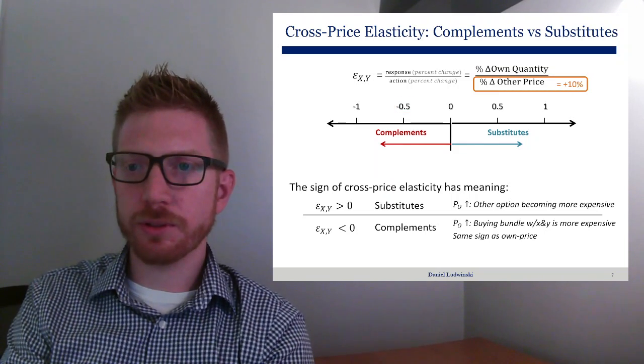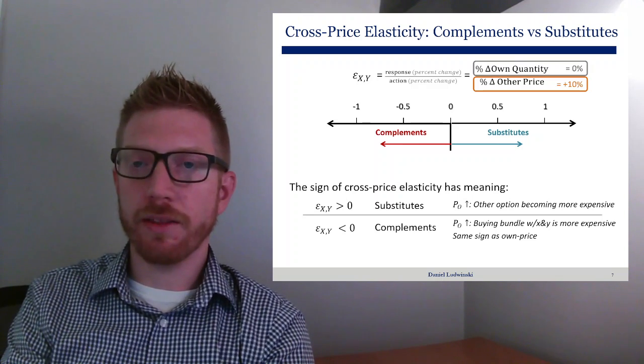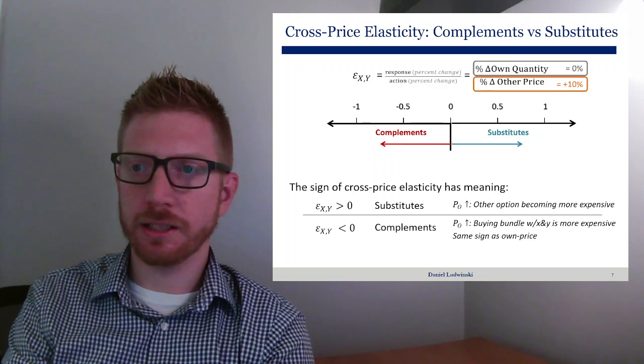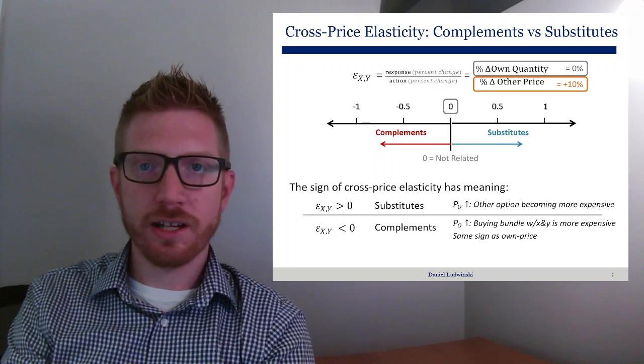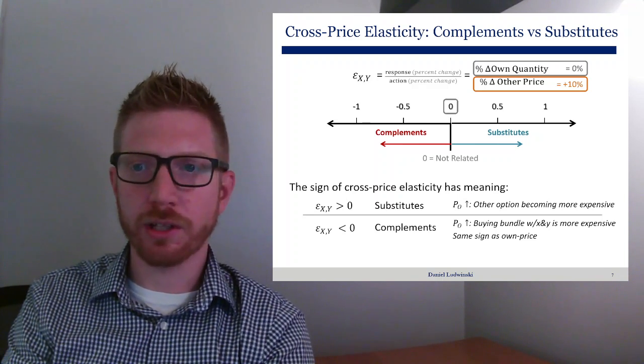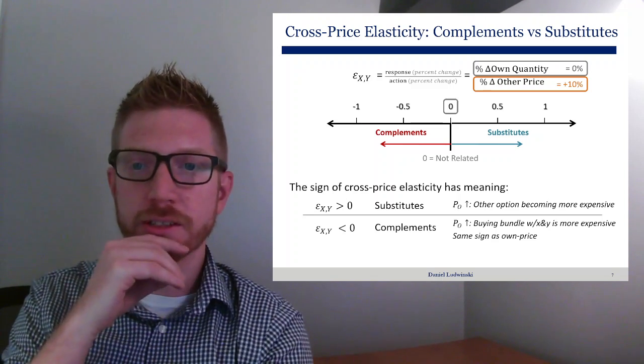Also, it's possible that you could change the price of another good, and there's no impact. There's a 0% change in quantity. What that's telling you is maybe those goods aren't related, or maybe there's competing things that are canceling them out.